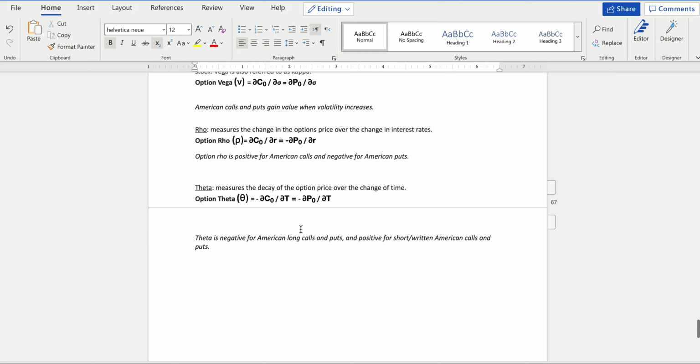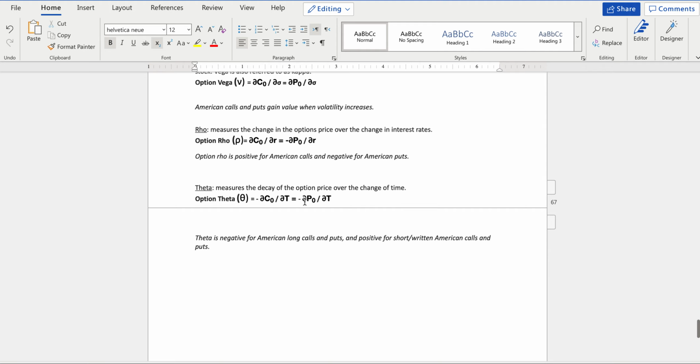Theta is the reason why your options can become worthless, right? Theta measures the decay of the option price over the change of time. And you noticed, is that a negative sign there? Negative sign here as well. Well, what did I say?